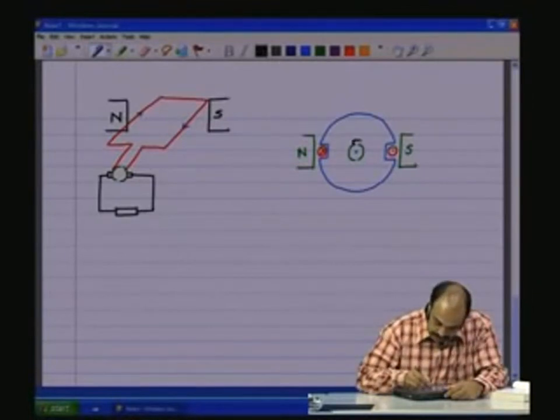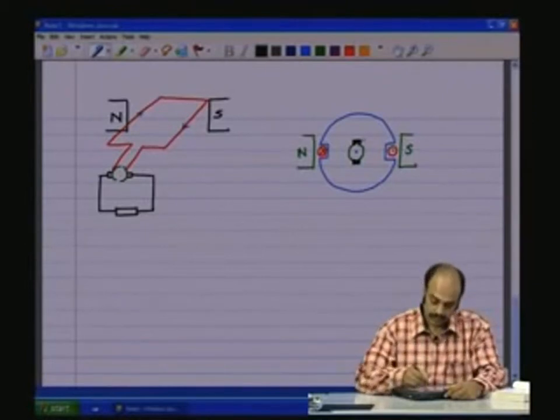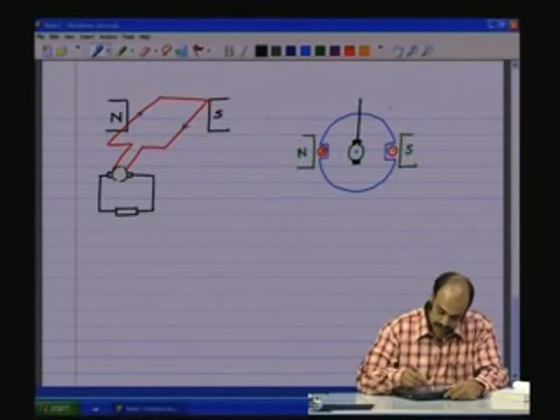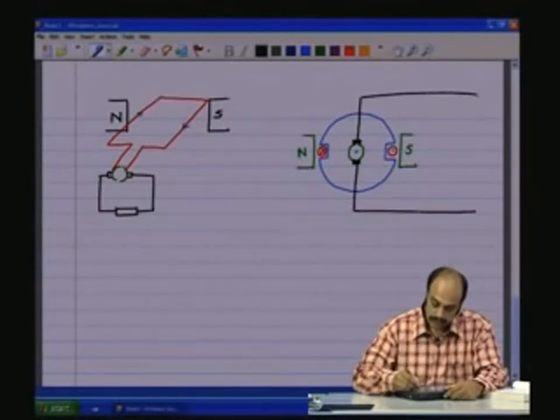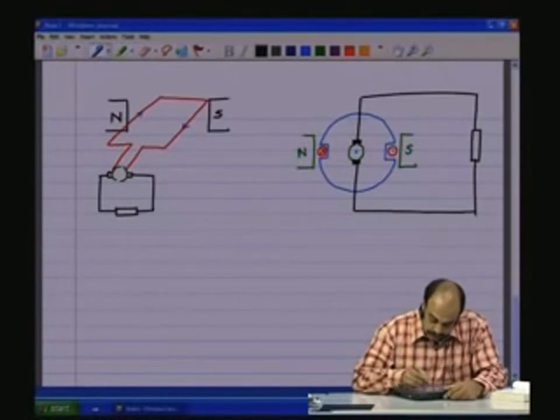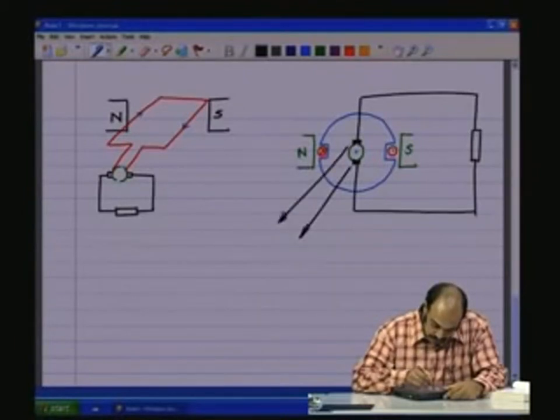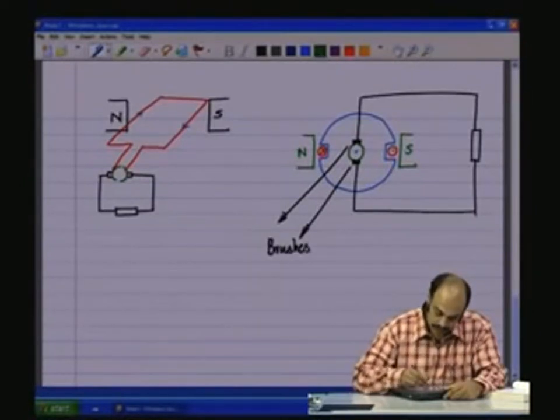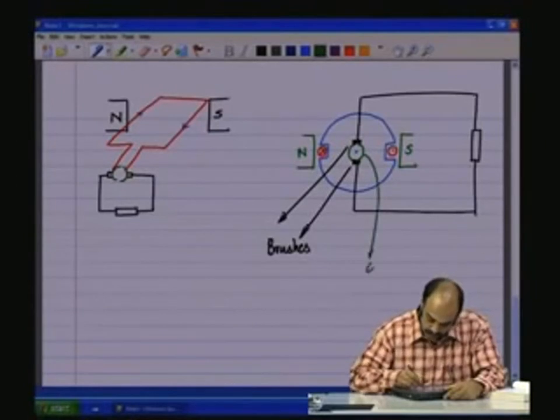Let us say the brushes are positioned like that, and then out of the brushes we take two leads which go to the external load. So, there are two brushes, one for the positive and one for the negative. This is the brushes, and this is the commutator.